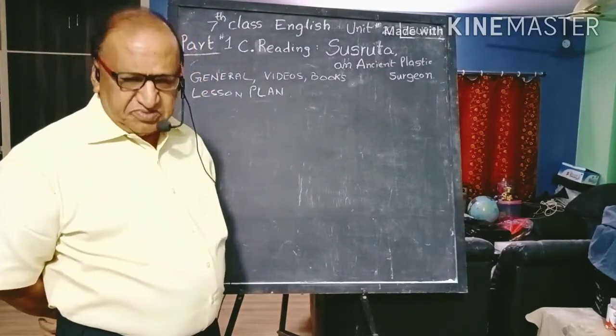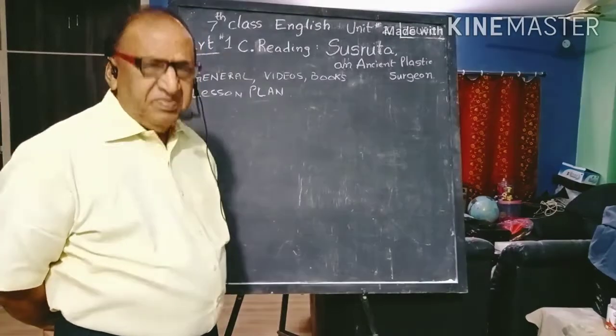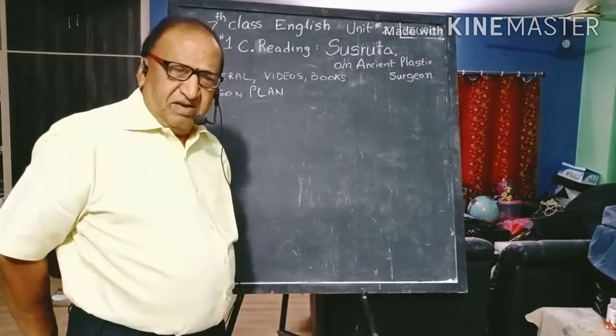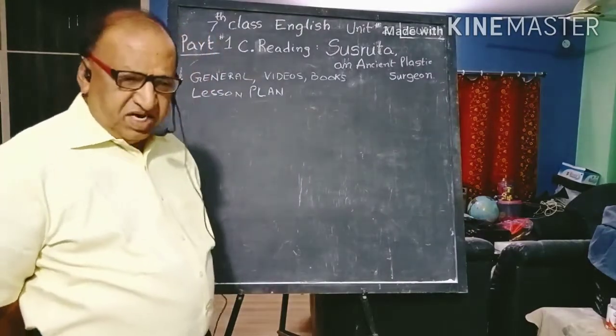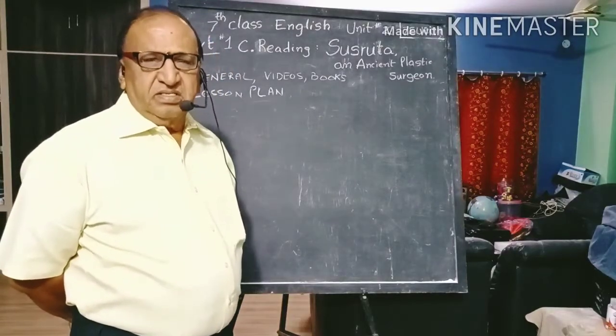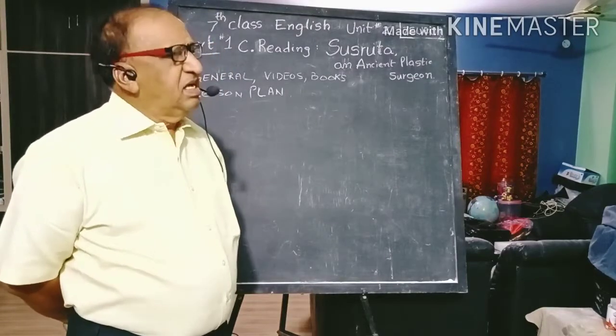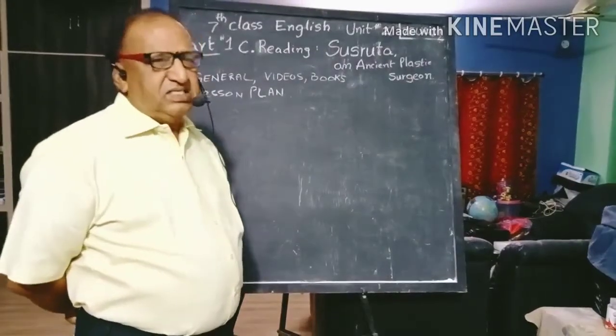So he performs the operation and then he gives some medicines to him, and then he will tell him what to do and what not to do, the do's and don'ts. And then asks him to come after a few weeks. Okay? That's all that will happen.